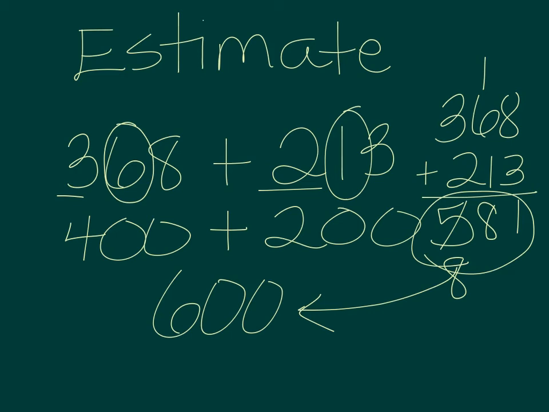So let's look at another number and look at how we would round that other number. So now if I were to round, let's say I'm going to round 6,782. And I'm rounding this to the nearest 1,000 now. So I'm not going to look at the 7. I'm going to be looking at the 6 because that's the number I'm rounding.